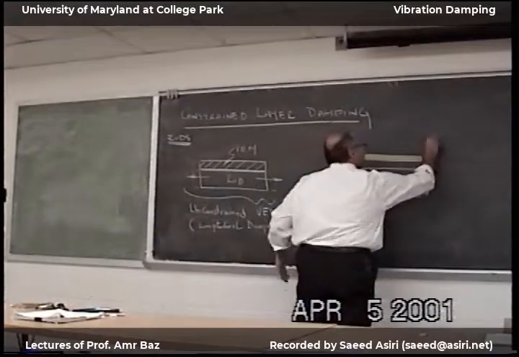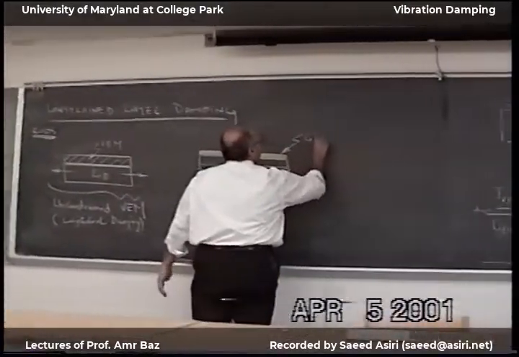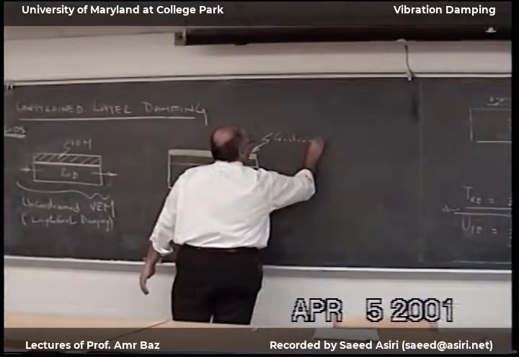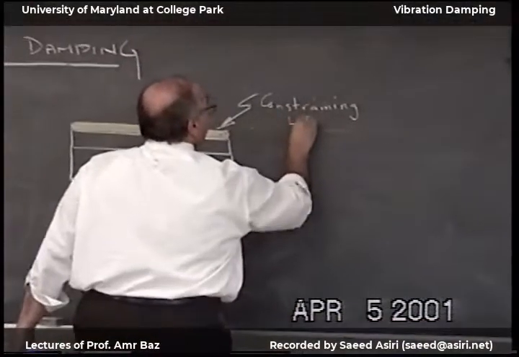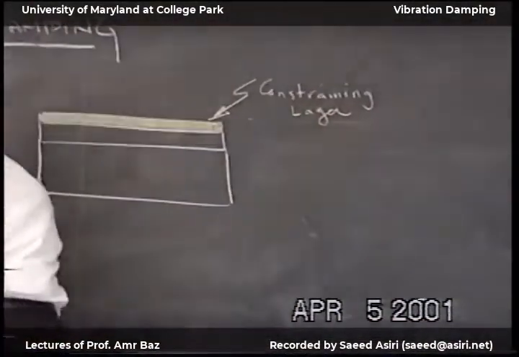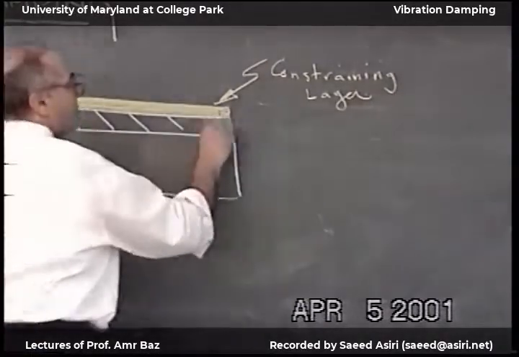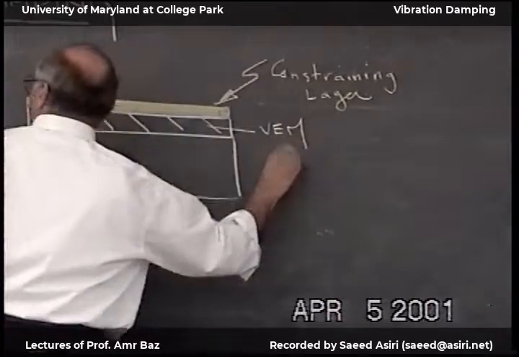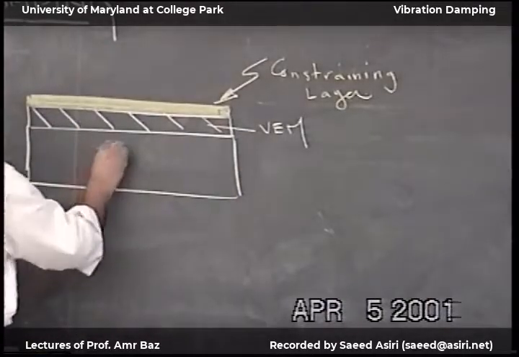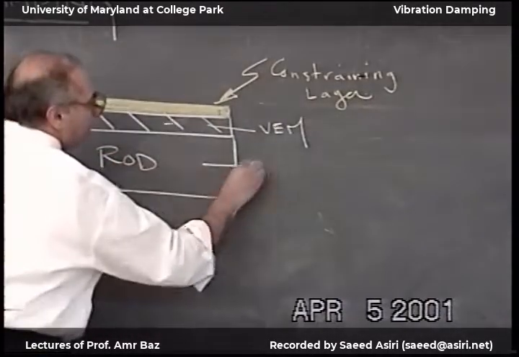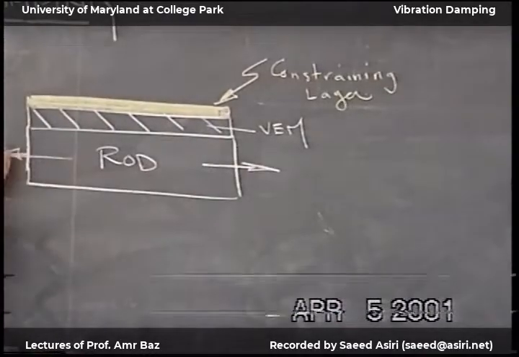So we have here a constraining layer, and then this is my viscoelastic material. And this, for example, can be my rod or beam or plate and so on.